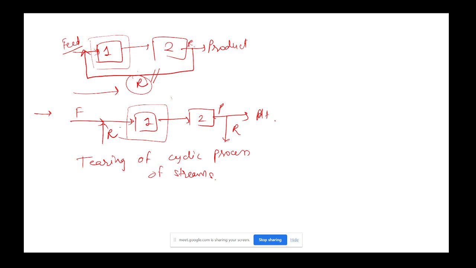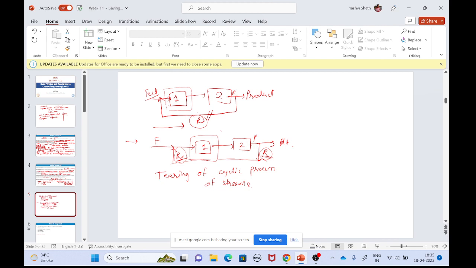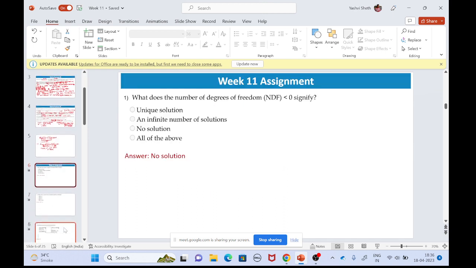So you try to match these R values, because they are the same, so you need to match the R values. So far, this is all about the theory for this session. Now let's move to the assignment part.